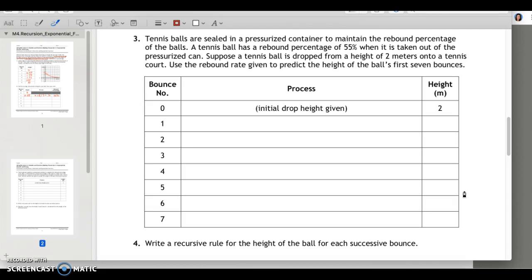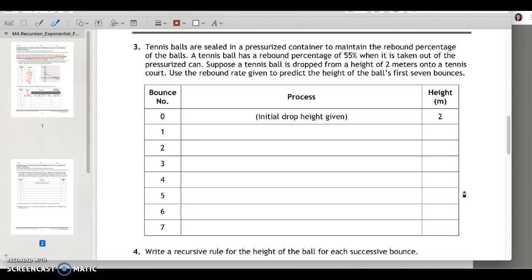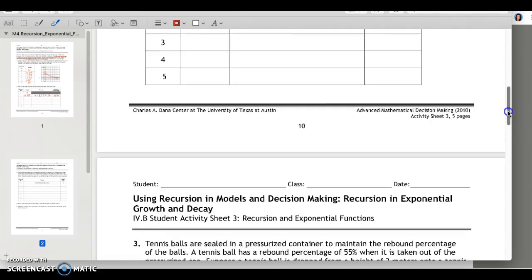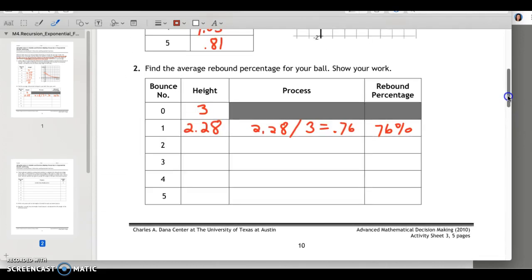Use the rebound rate given to predict the height of the ball's first 7 bounces. So in a sense, we're taking what we did before, but we're reversing that process. So instead of given the height and calculating the percentage, we're given the percentage and we calculate the height.